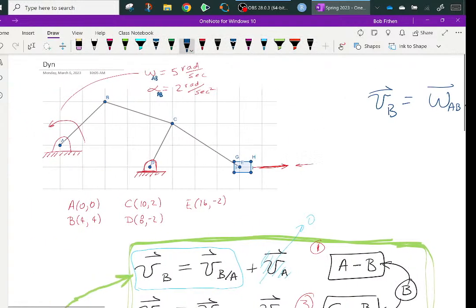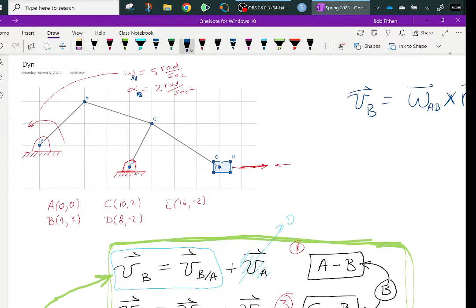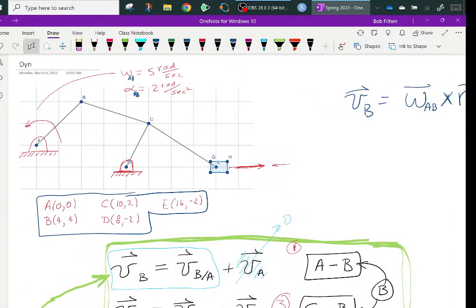Now I can make use of all this information right here to find each of those vectors. First of all, like we talked about before, this is a positive omega and a positive alpha. So it seems as though I've chosen both of these to be positive.